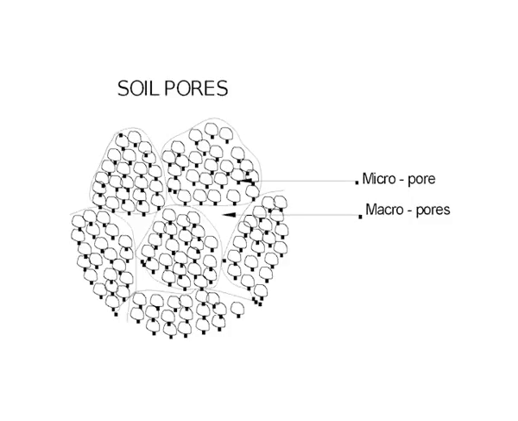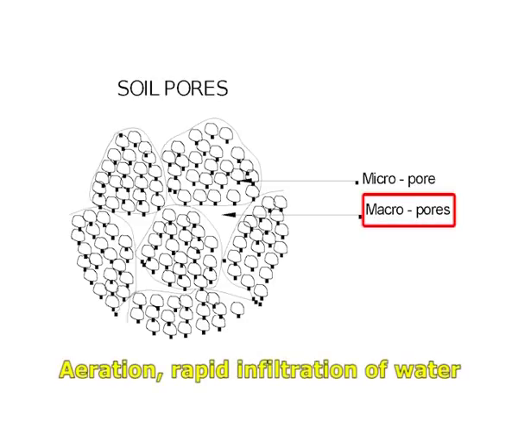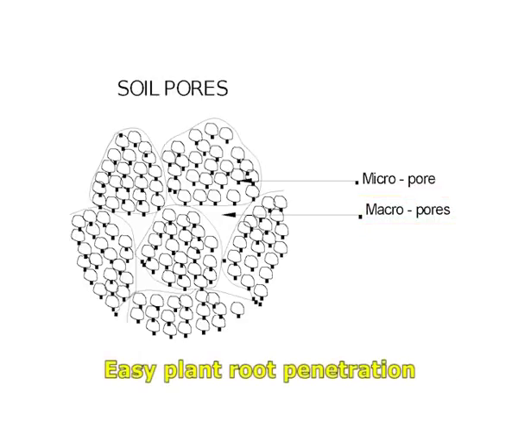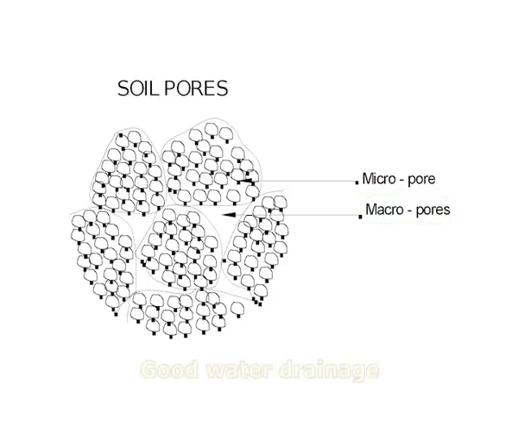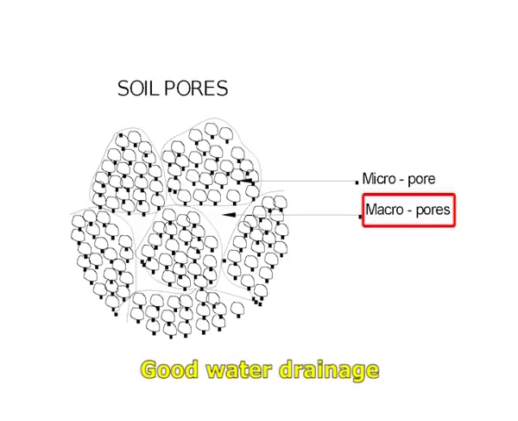The pores between the aggregates are usually large. Macropores. Their large size allows good aeration, rapid infiltration of water, easy plant root penetration, good water drainage, as well as providing good conditions for soil microorganisms to thrive.